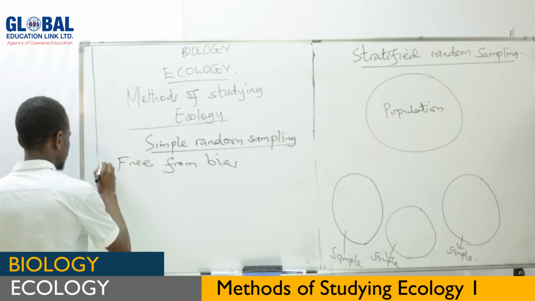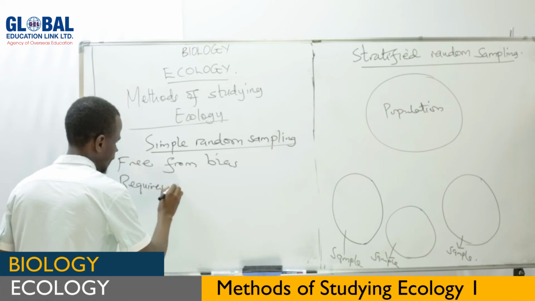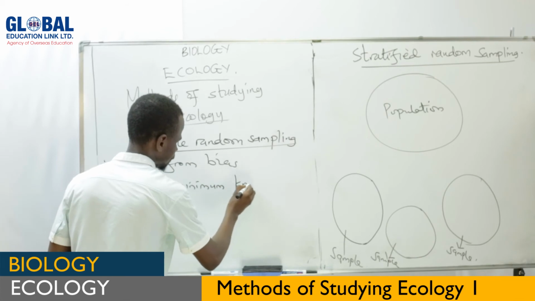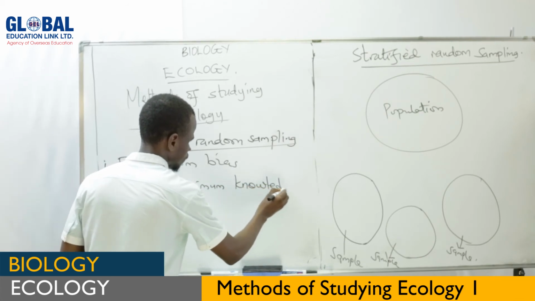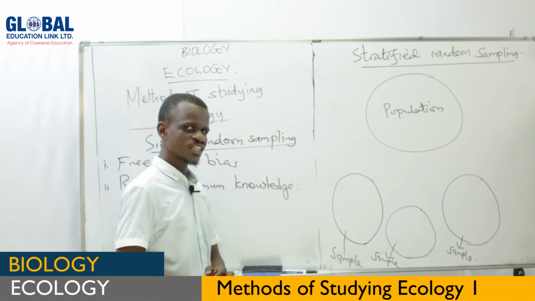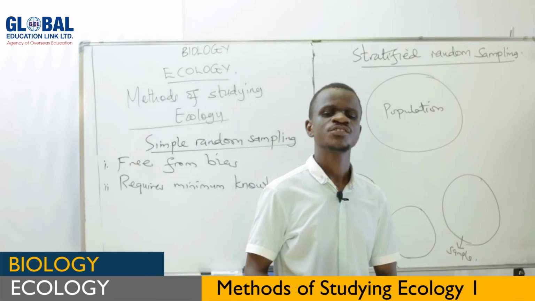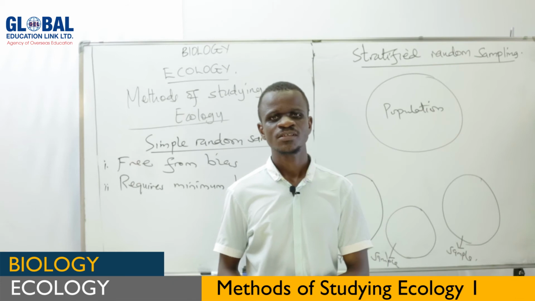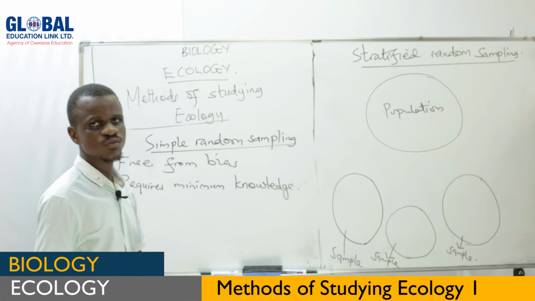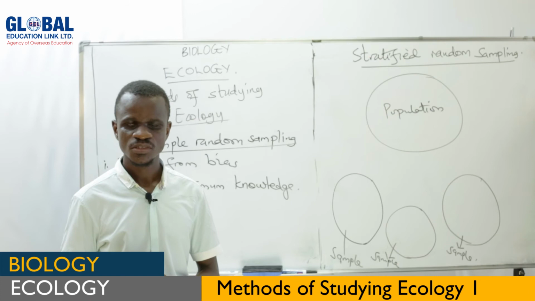Therefore, number 2 here, this one requires minimum knowledge. Hope you are following, my student. Therefore, when the population is uniform, it is very good to use random sampling. If you go through different books, you will see many advantages of simple random sampling.